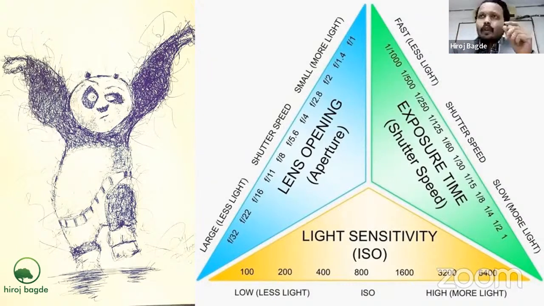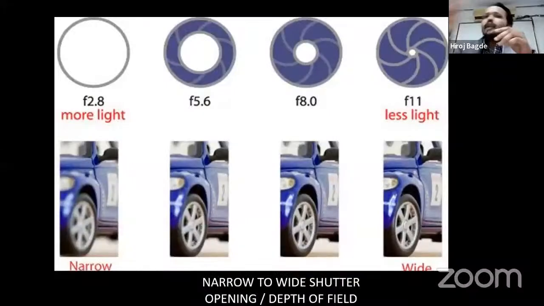So, if the light is proper and the lens is good, the camera can be a basic camera itself. If I'm having light which is exposed properly through a proper aperture, I will get a good image. So all these three parameters have to be taken care of whenever I am going for a photograph.